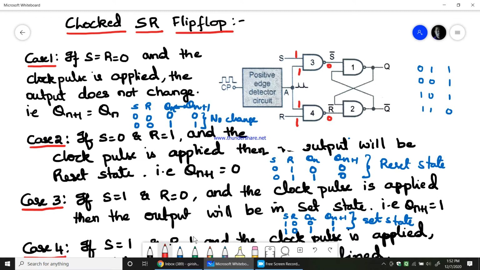Now assume Q to be equal to 0. This 0 comes here, 0 ANDed with 0 will give you 1, and this 1 comes here, 1 ANDed with 0 will be equal to 1. So I assumed 0, I got 1.